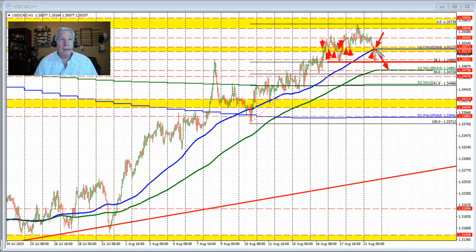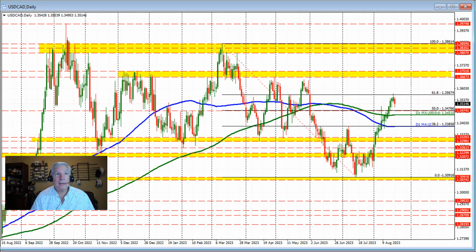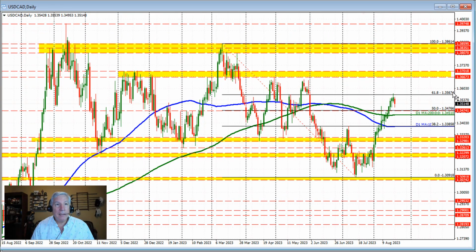And if we're able to break above this level, then the bias returns more to the upside, with this high swing area near the 135.64 level up to 135.85. If I go to the daily chart, let's take a look at that long-term view. In between those levels comes a 61.8% retracement at 135.67.